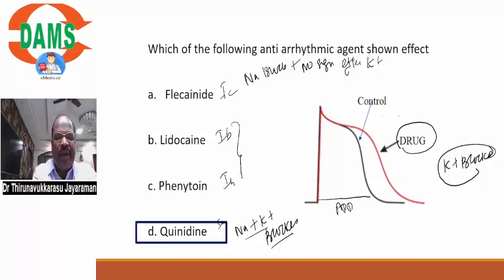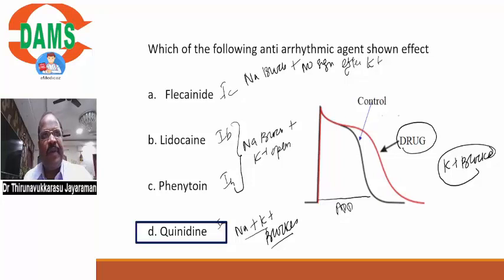Class 1B drugs have sodium blocking property plus potassium opening action, thereby they shorten the APD, whereas class 1A drugs can prolong APD. So this image shows the effect of a class 1A drug, like quinidine, procainamide or disopyramide.